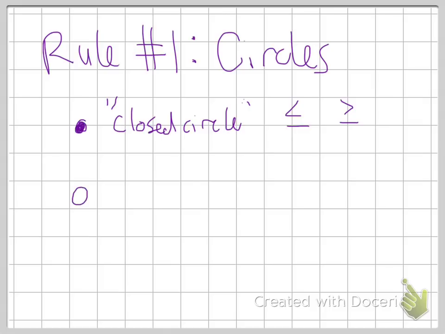However, we are going to use something called an open circle, and it looks like a circle that's not filled in, if it just uses the less than or greater than signs. So the closed circle tells you that you're allowed to use that number, but the open circle says you can get really close to this number, but you're not allowed to use it.